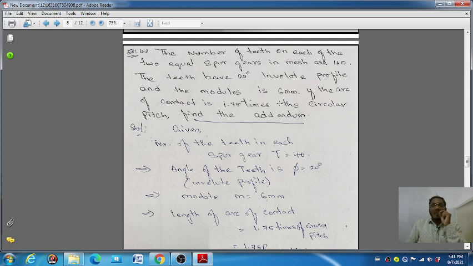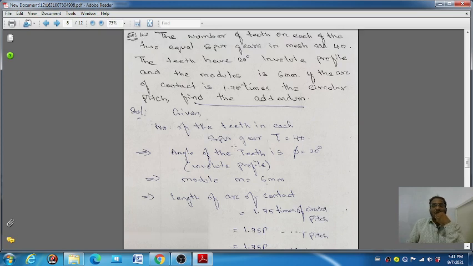The arc of contact is 1.75 times the circular pitch; the question gives this condition as a hint.